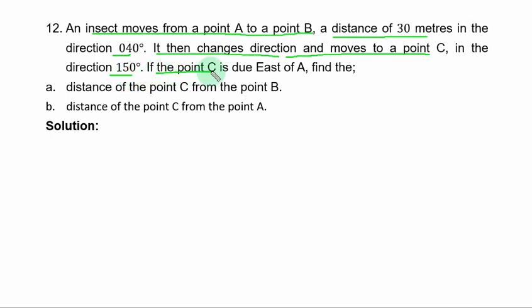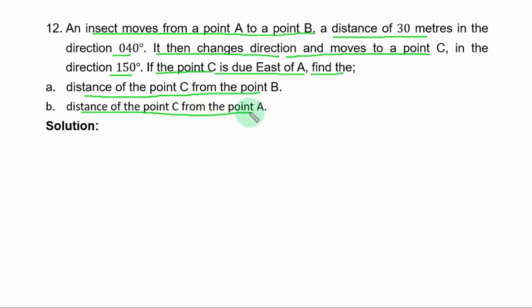If the point C is due east of A, find: A, the distance of the point C from the point B; B, the distance of the point C from the point A.